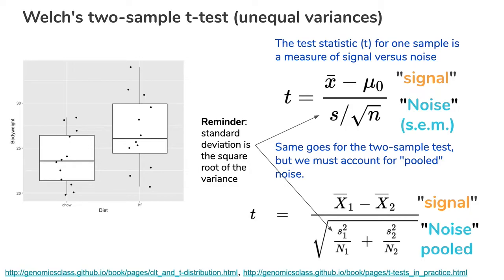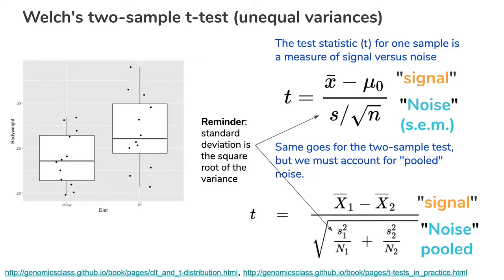There's the true population mean for all mice that could ever be fed a high-fat diet, and the true population mean for the other diet, and we can't measure those. We're just measuring samples from those populations and comparing the means from those samples as a proxy for the difference in means for each full population. Does that help? Yeah, that makes sense, I think.